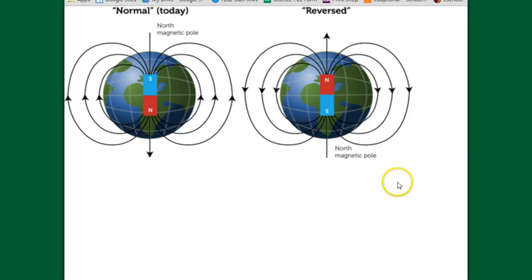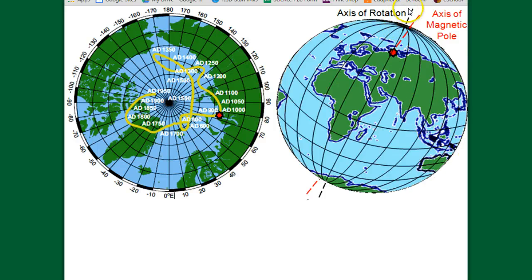So the magnetic poles are not constant. Neither are they the same thing as the geographic poles. If you look at this picture, notice the axis of rotation of the Earth comes through here with this black dotted line. The axis of the magnetic poles, however, are not necessarily the same. In fact, they're hardly ever the same.